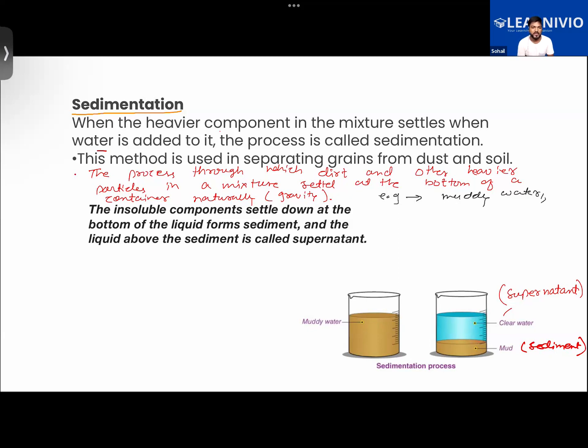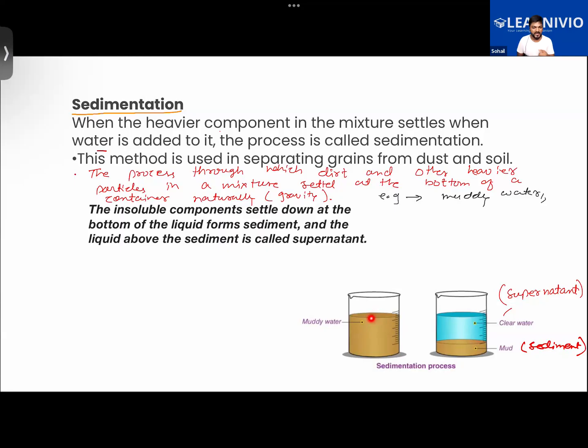See, when we have a mixture of muddy water, there are some components in it which are heavy. Those heavy components will settle down after some time when you leave it undisturbed. And how does it settle at the bottom? The force of gravity helps.